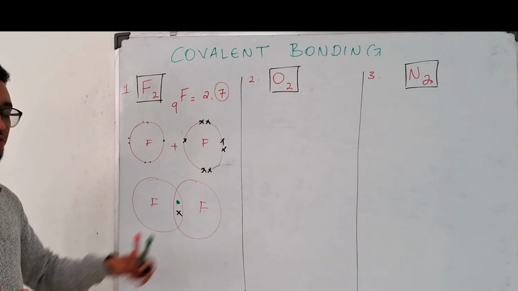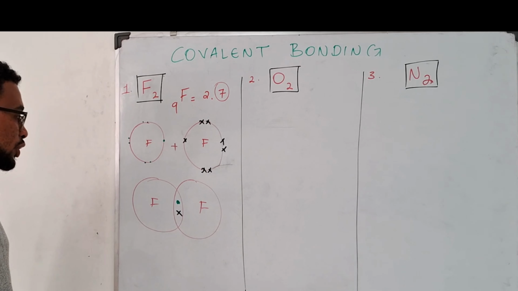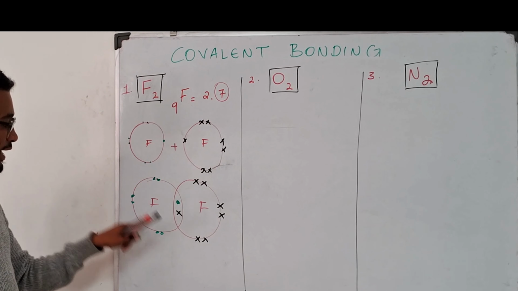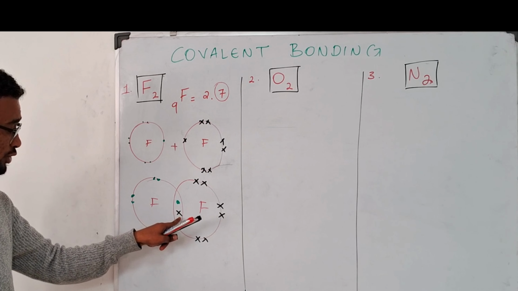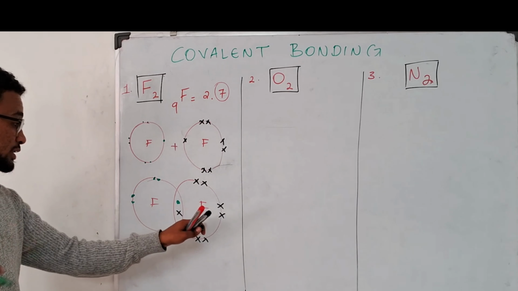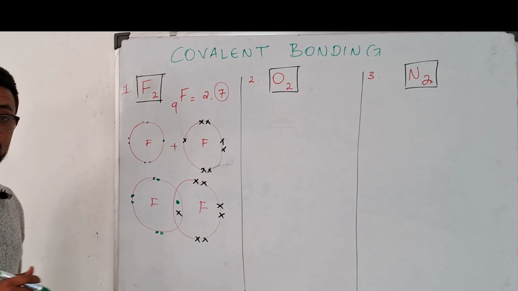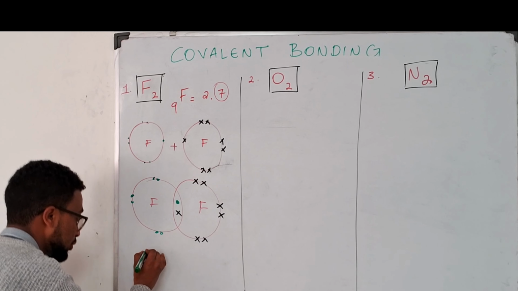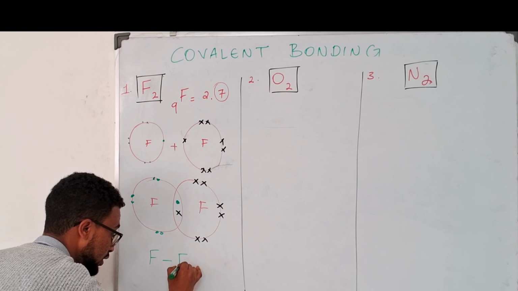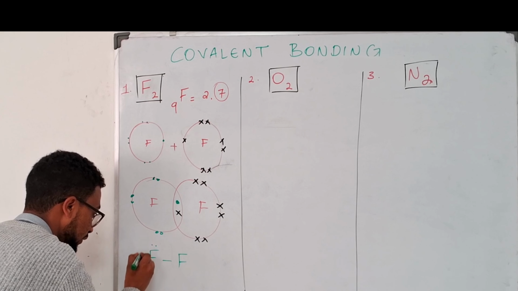Now, as you can see, they have shared 2 electrons, or 1 pair of electrons. Now for this fluorine, I have 8 electrons. These 2 electrons will count for this fluorine as well as for the other fluorine, okay? And then this fluorine again will have 8 electrons. Now I can write this fluorine molecule as fluorine single bond fluorine.